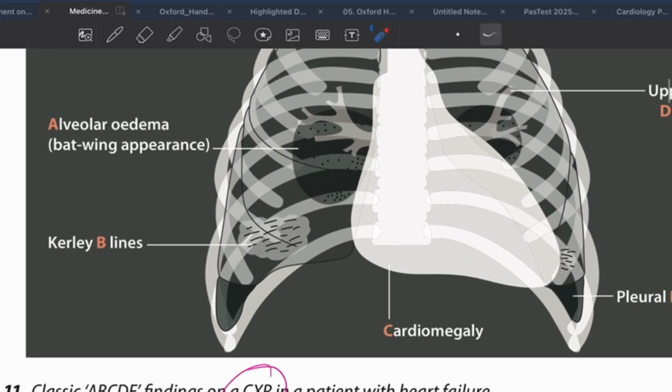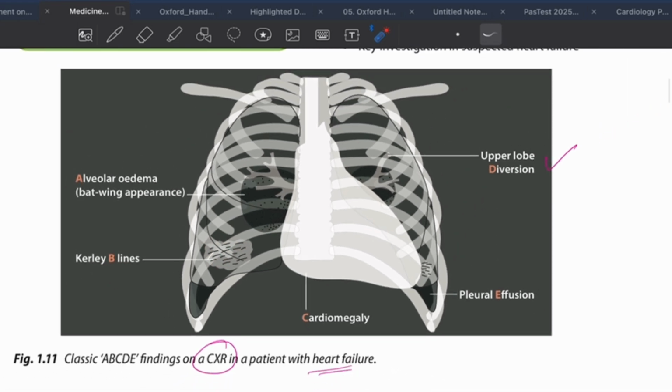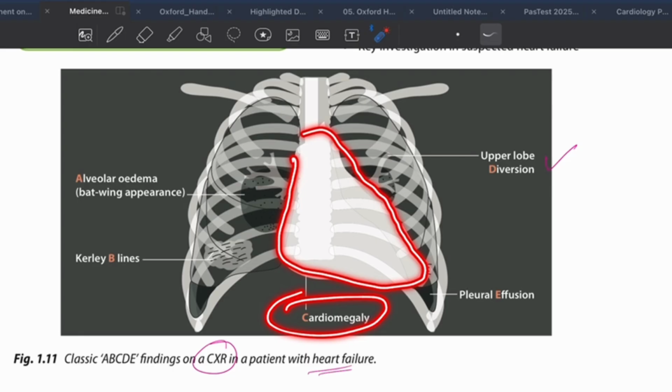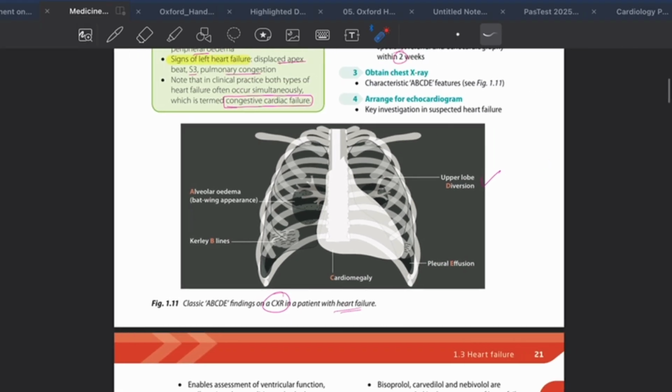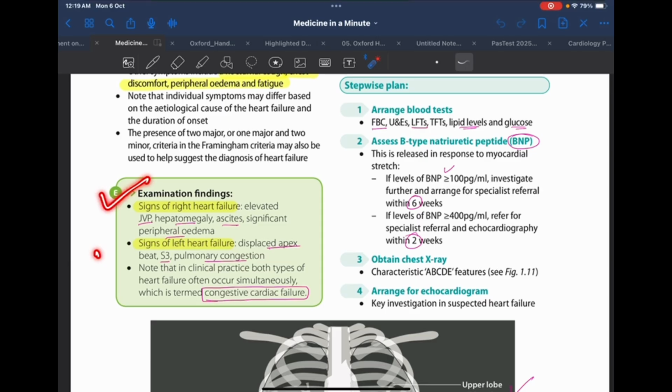There are some horizontal lines in the X-ray which are known as Kerley B lines, and there will be cardiomegaly, as you can see. There will be upper lobe diversion and also pleural effusion.